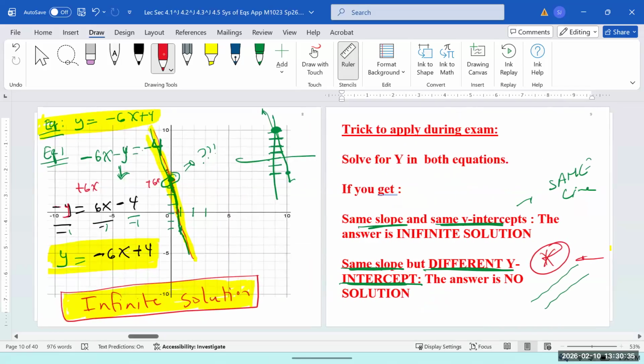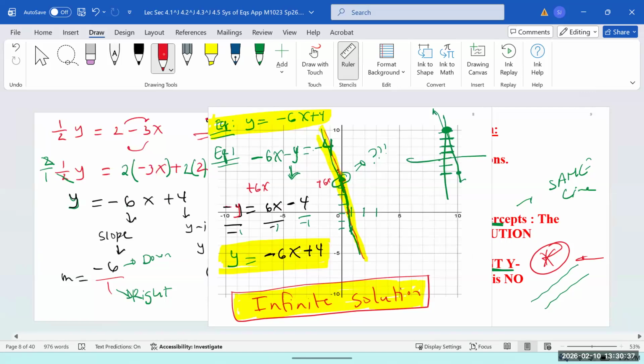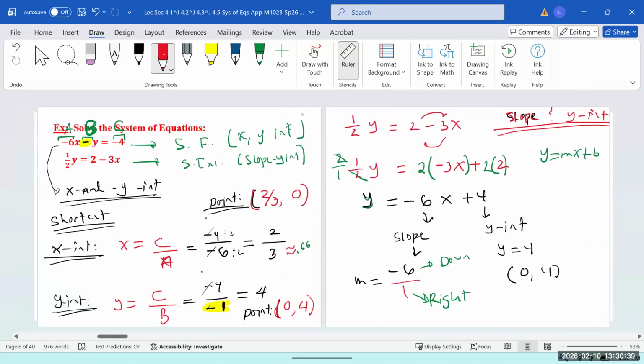The question is just y equals mx plus b. So the second equation doesn't have standard form. It has slope-intercept form. So instead of solving for x and solving for y, why not use the slope and y-intercept to graph? If you're given an equation in slope-intercept form, you don't need the x and y-intercepts. All you need is the slope and the y-intercept.